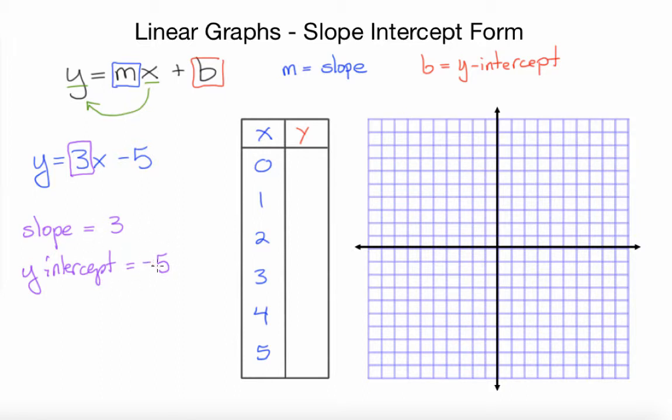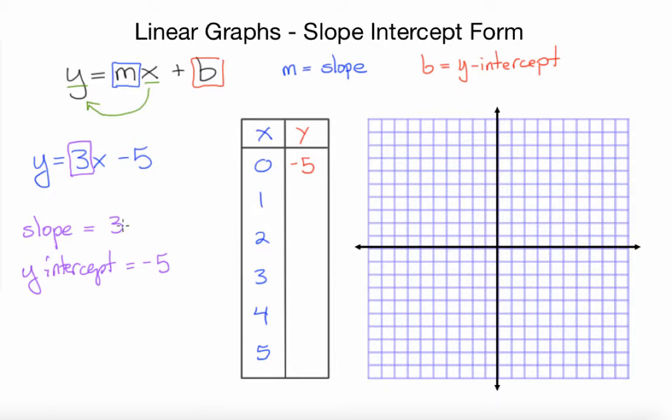The y-intercept is the y value where the line crosses the y-axis. I forgot to put a little t. Intercept, there you go. If the y-intercept is negative 5, that happens when x is 0. It's the only place to be on the y-axis. So my y-intercept of negative 5, I'm going to put it right there. Y-intercepts always mean x is 0.